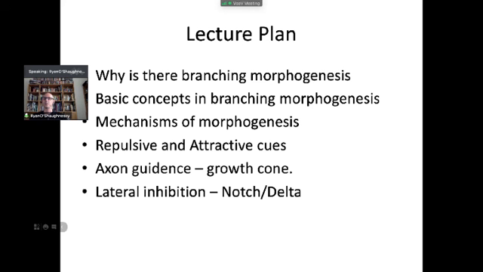Then, using the Drosophila trachea as a model, we looked at genes involved in the mechanisms of morphogenesis, the fibroblast growth factor and the fibroblast growth factor receptor, as well as the specification by Trachealess and the serum response factor required to make the branching in the final terminal cells. We looked at repulsive and attractive cues.